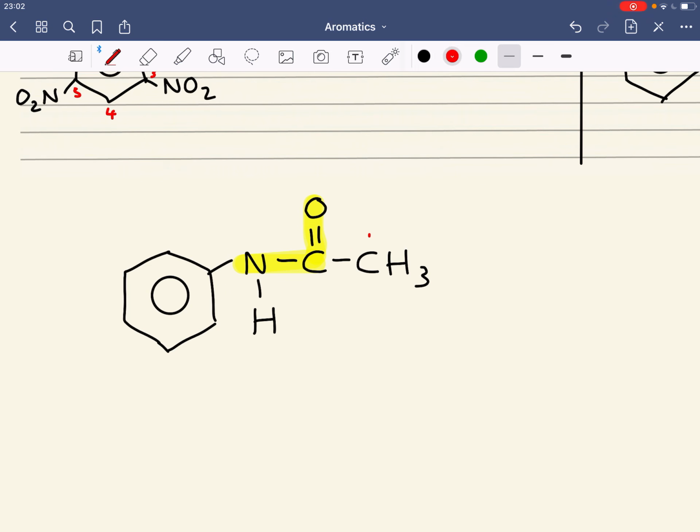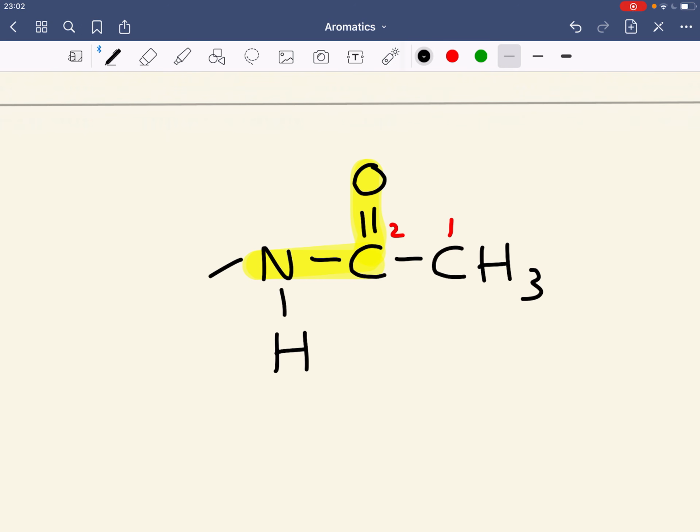And remember, when we're naming amides, this is an N-substituted amide, so we have to look at what's attached to the N. Now let's just imagine that this was, for example, a CH3 group. Now we should be able to name that molecule.